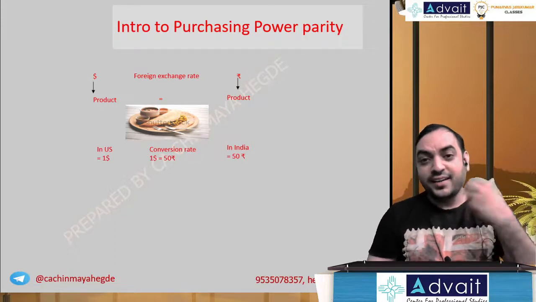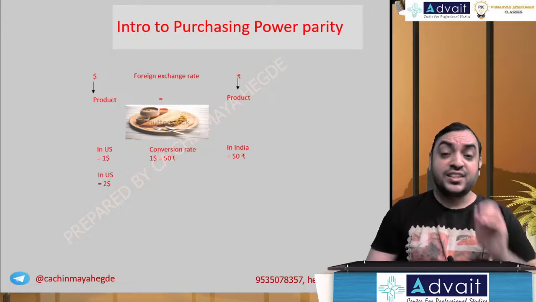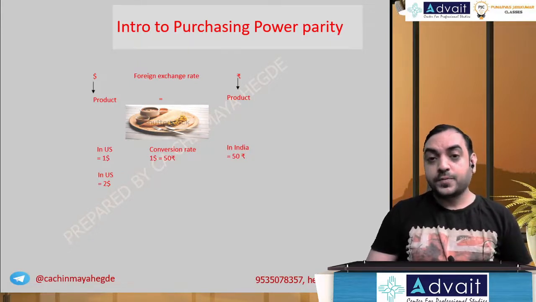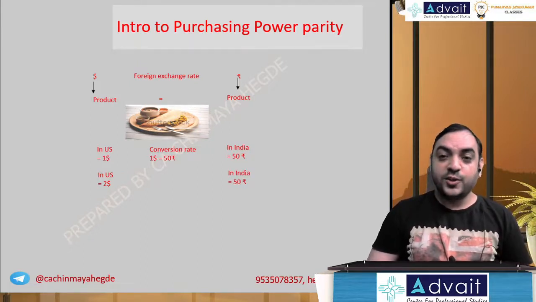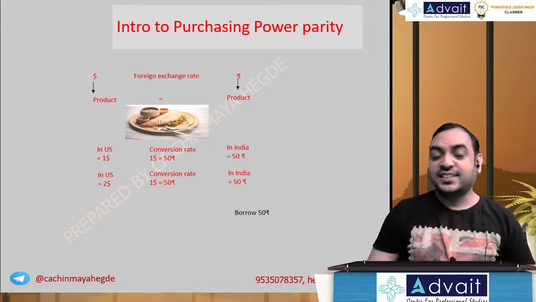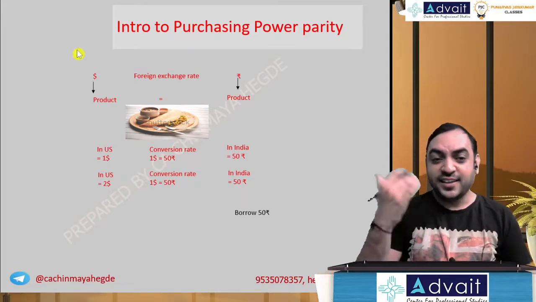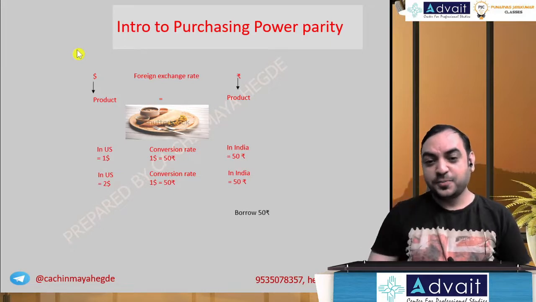Therefore, the implied rate is $1 equals 50 rupees. But suppose in the US it is not $1, it is $2. Then what can you do? Since it is cheaper in India, you buy in India and sell in the US. That is called arbitrage: buy at a cheaper rate, sell at a higher rate.